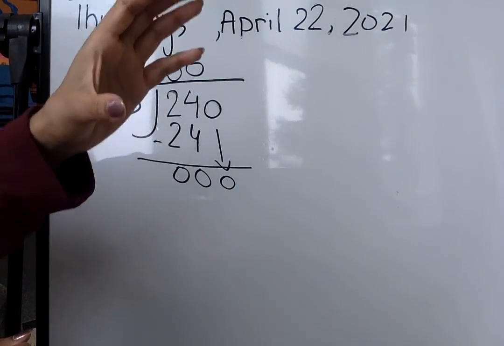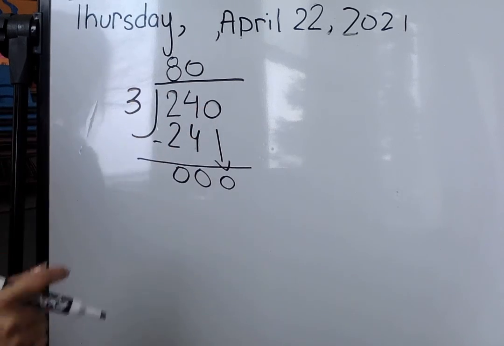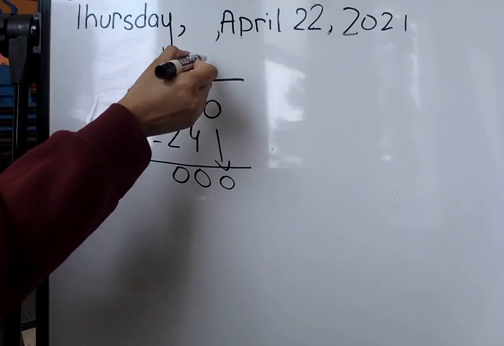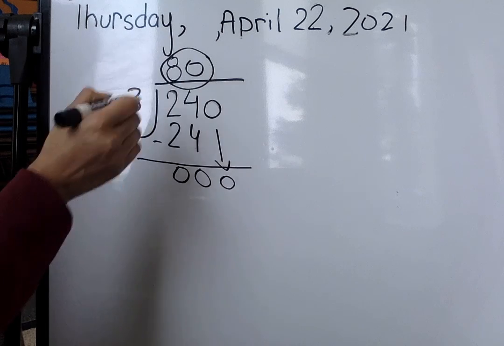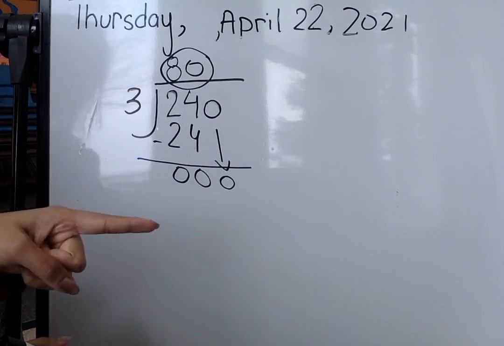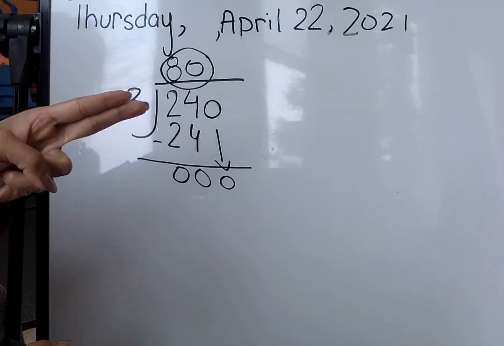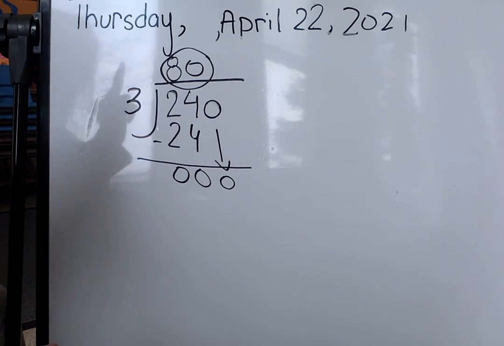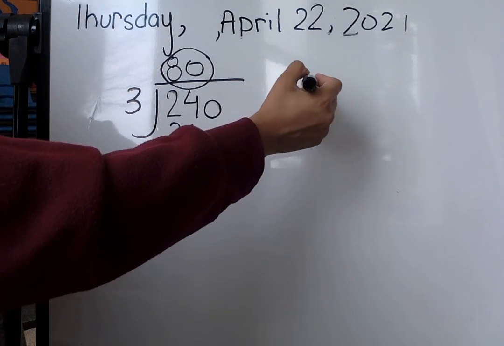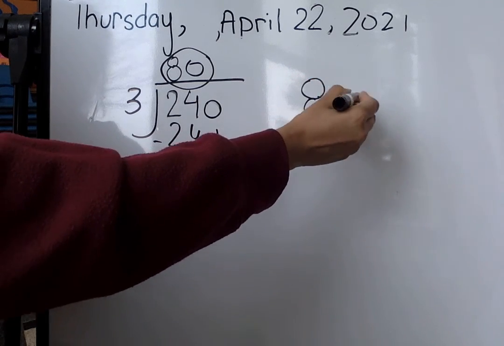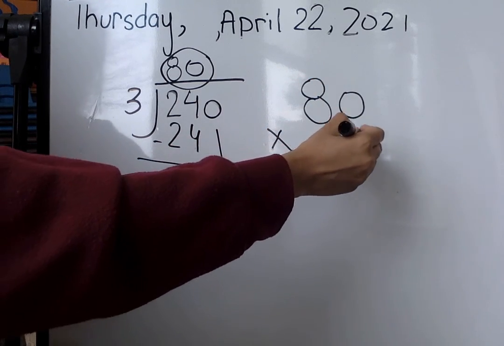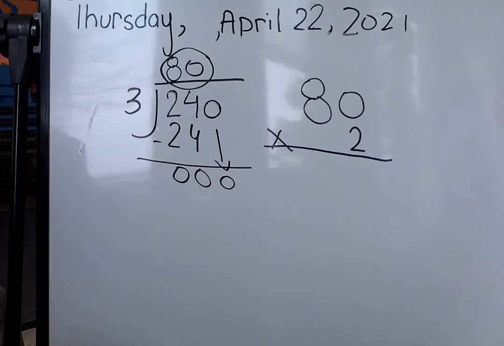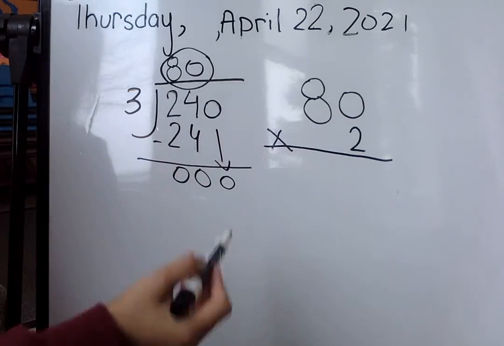So that makes it 2 numbers plus 1 more. So we have 3 numbers. We found out what each number is, but they said one of the numbers is going to be twice as much as this number. So what do we need to do? Our second step is 80 times 2.